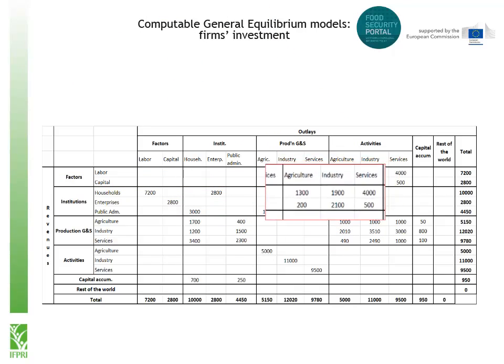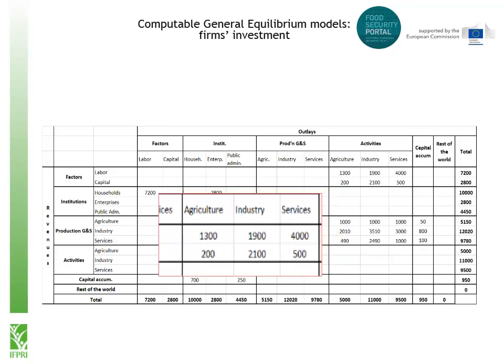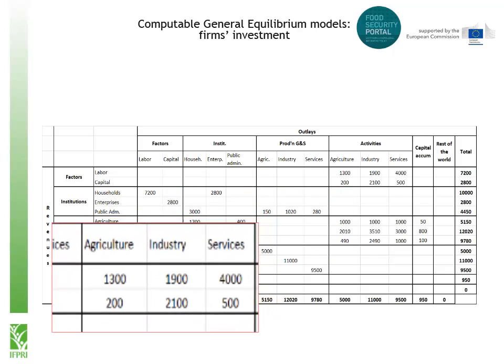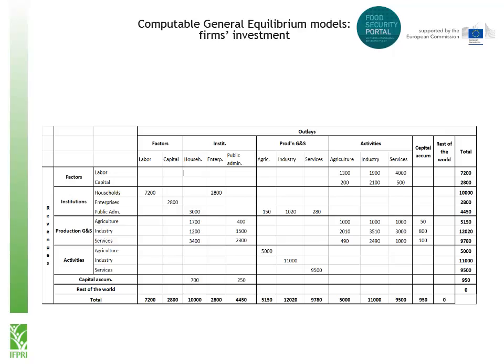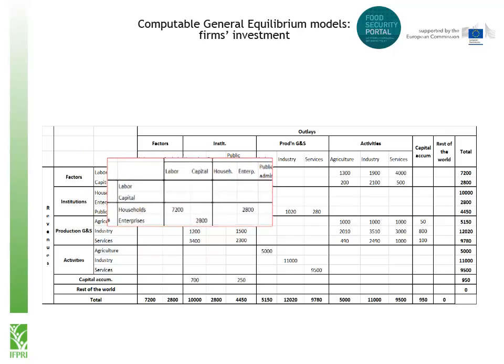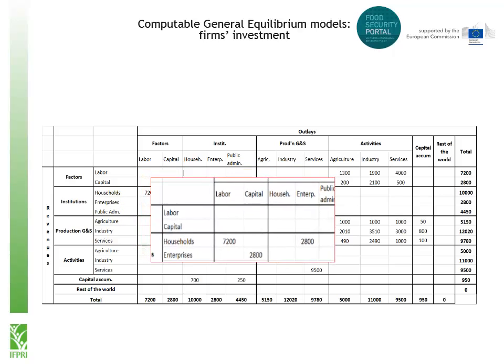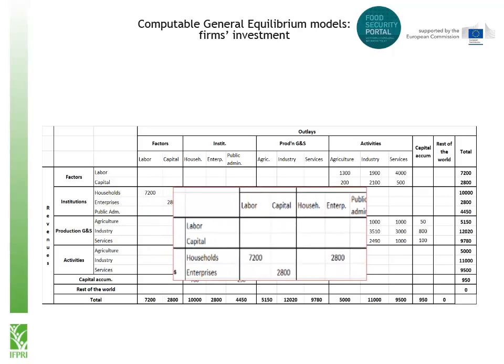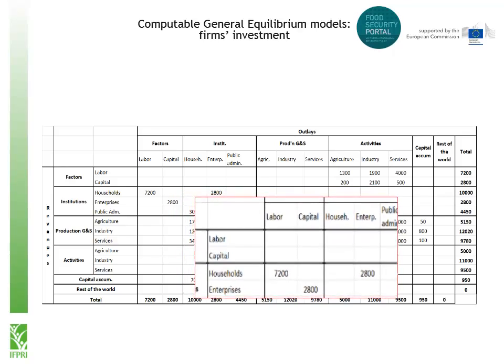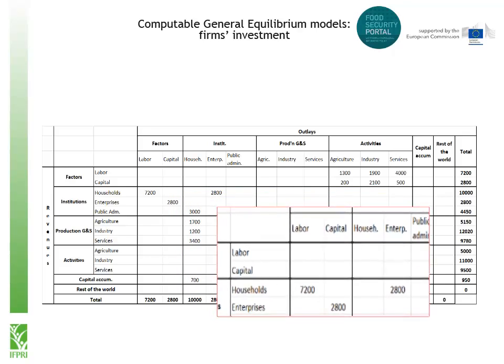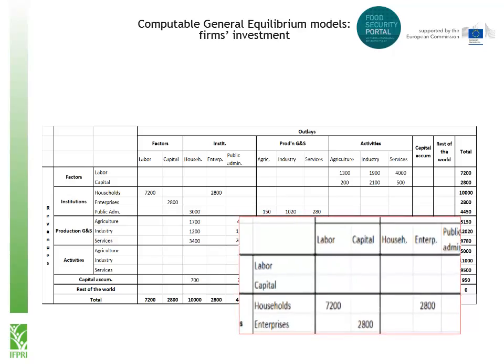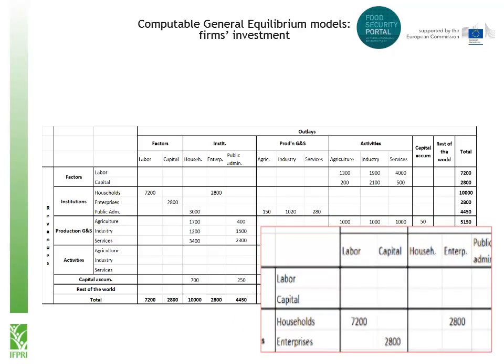The matrix of remunerations of productive factors, labor and capital, in each sector. And with these remunerations of productive factors, you've got the formation of households' income. So 7,200 of remunerations of labor and 2,800 of remunerations of capital.